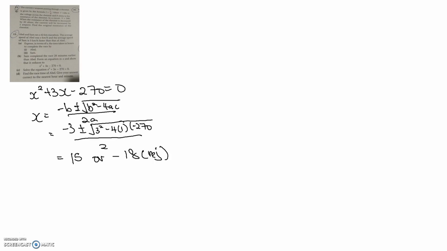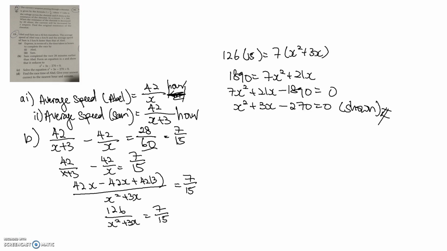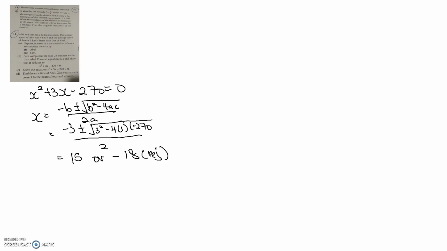Now find the race time of Abel. Correct your answer to the nearest hour and minute. The time taken for Abel equals 42 over x.